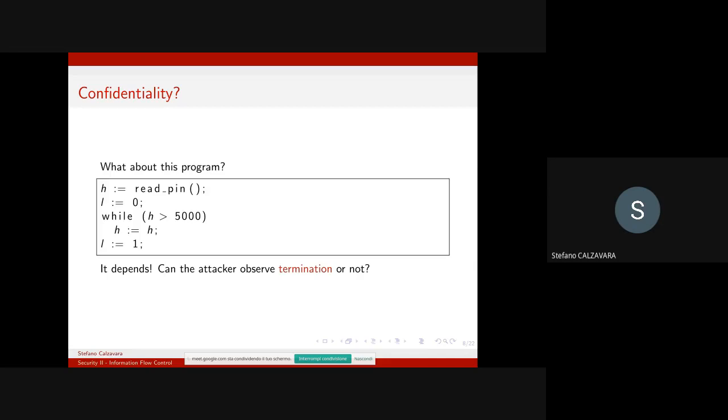What we do now, for simplicity, and also because a rich part of the literature on information flow control makes this assumption, is that we assume that the attacker is not able to observe termination. So this program is intuitively secure, because if the program is looping, the attacker is not able to understand that it is indeed looping. Okay.